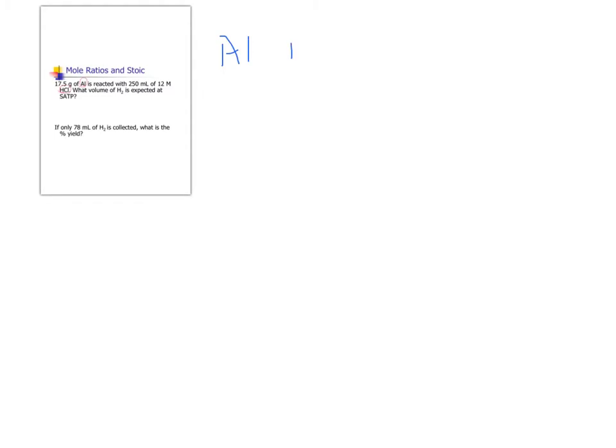So Al plus HCl, that's going to be another single displacement reaction. My aluminum is going to go with the chlorine and make AlCl3, and hydrogen gas gets kicked out on its own as an H2. And I need some states.